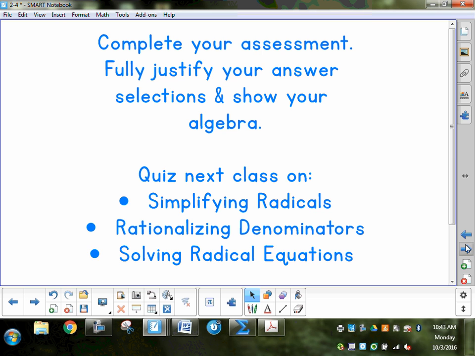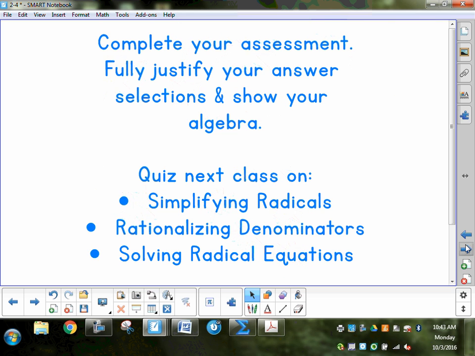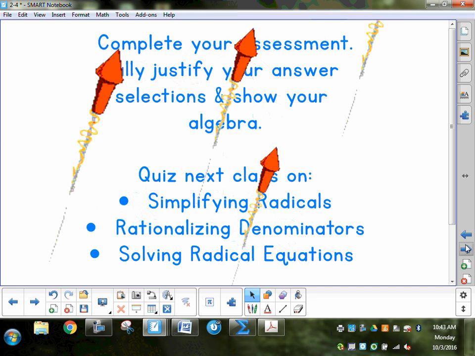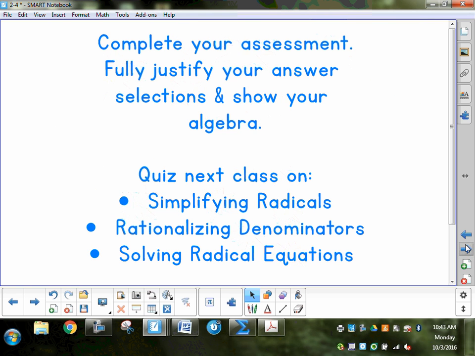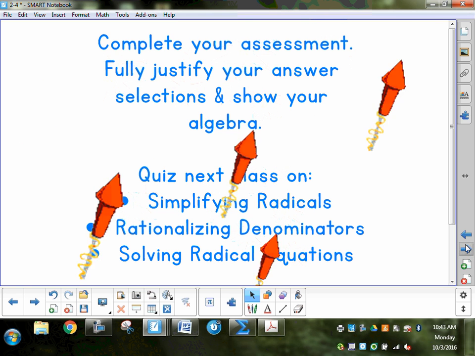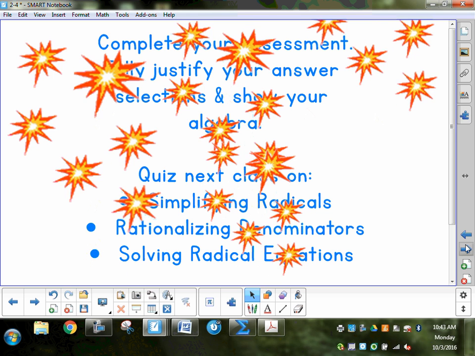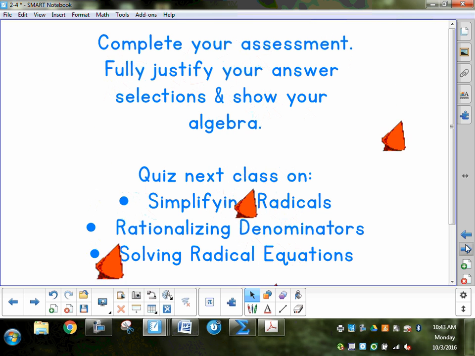You need to know how to rationalize denominators and multiply radical expressions. If I have like 2 plus 4 root 6 or something like that, and 2 minus 8 root 3, you should be able to go through and multiply those. The next thing that you need to know is how to rationalize a denominator. You do that by multiplying by the conjugate.